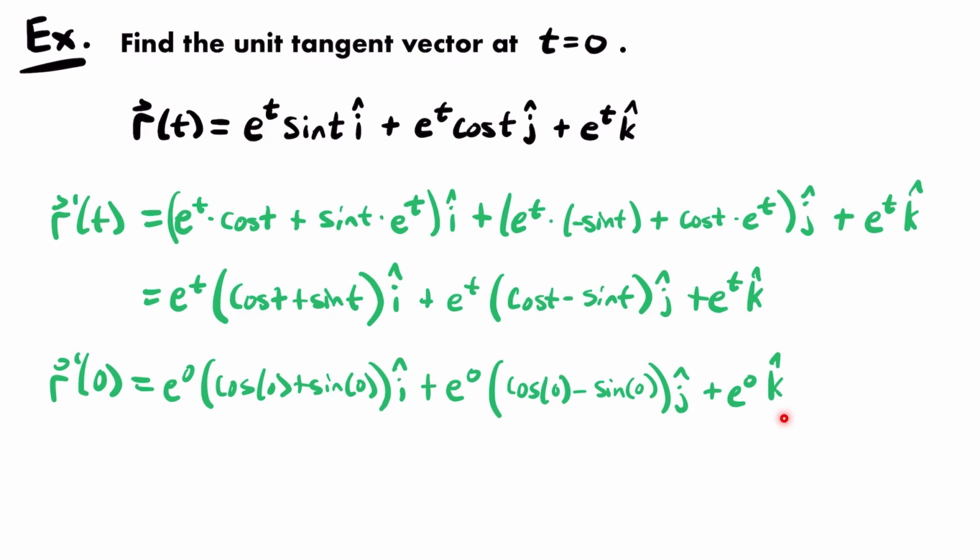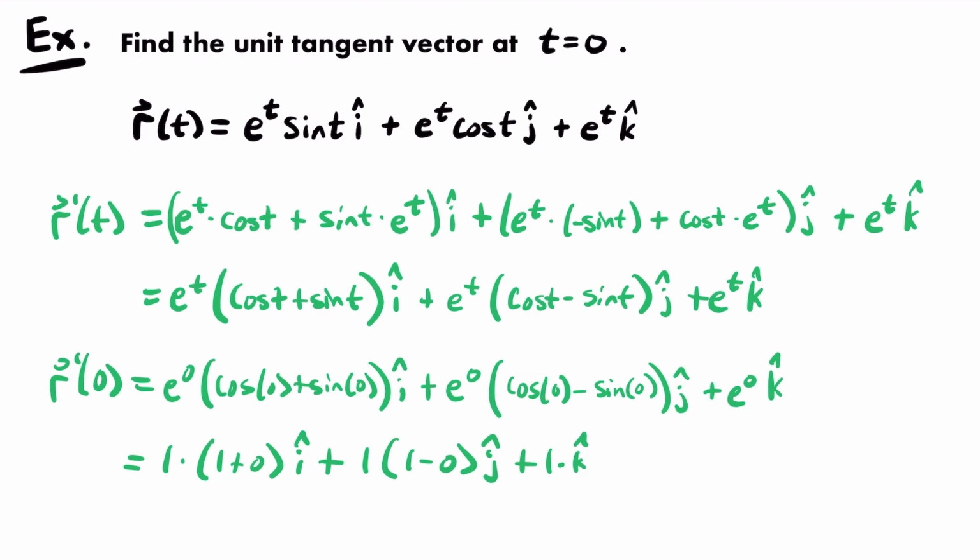All right, now all of those e to the power of 0s are just going to become 1 because anything to the power of 0 is 1. And so really we just have to pay attention to cosine and sine here. Cosine of 0 is 1 and sine of 0 is 0. So what we get here is 1 times 1 plus 0 times i plus 1 times 1 minus 0 times j plus 1 times k.